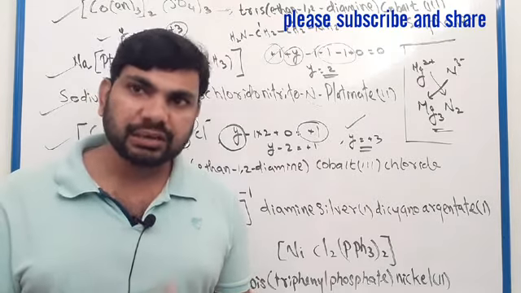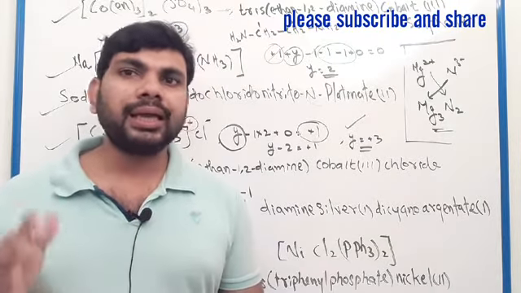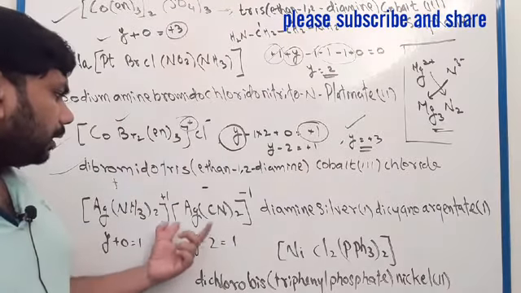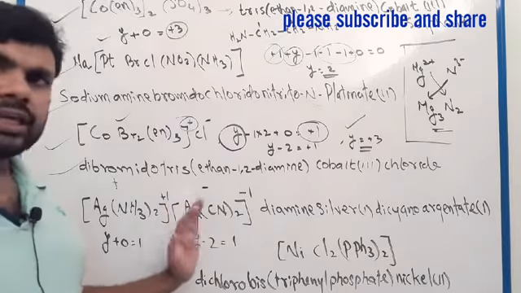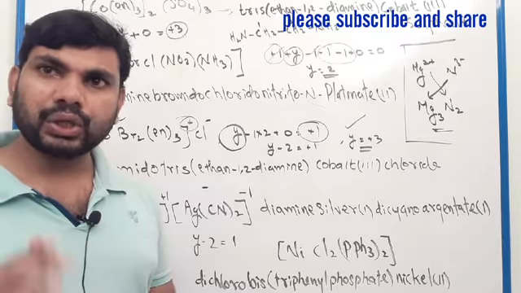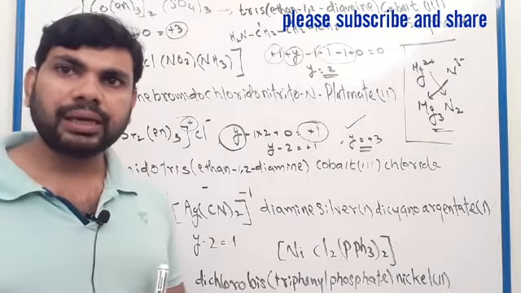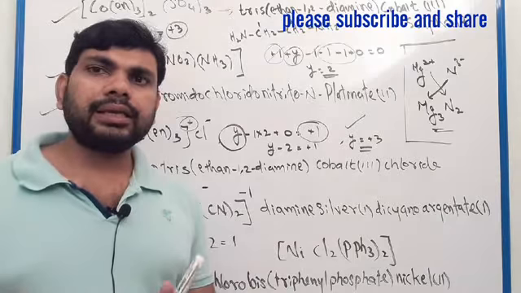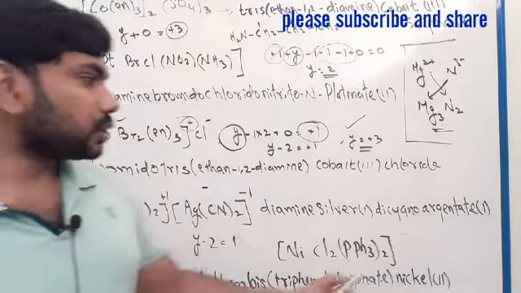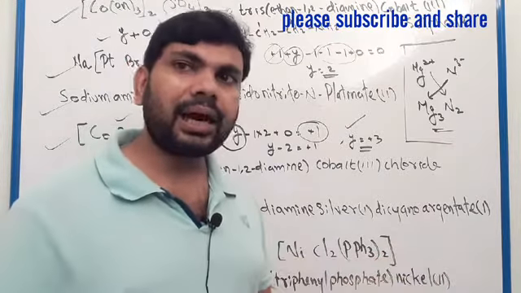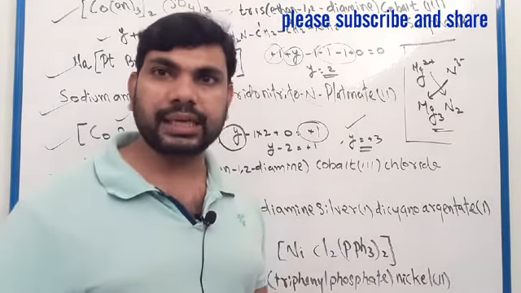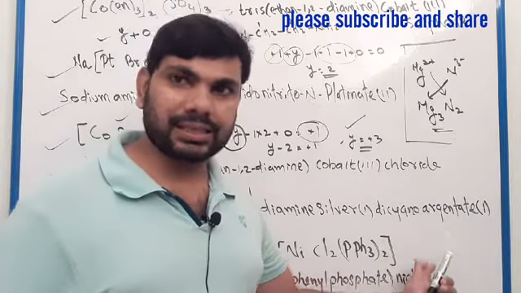But silver is also known as argentum, so we add -ate after that: argentate, not silverate. We have to say argentate.